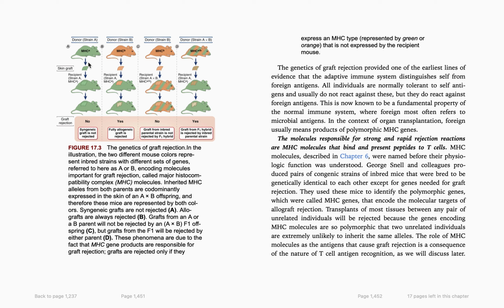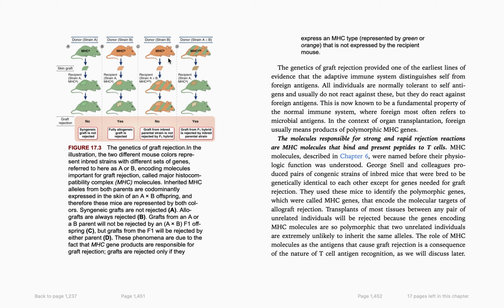So you will see donor strain A, graft recipient strain A: no rejection. Syngeneic graft, no rejection. Donor strain B, recipient strain A: full allogeneic graft is rejected.